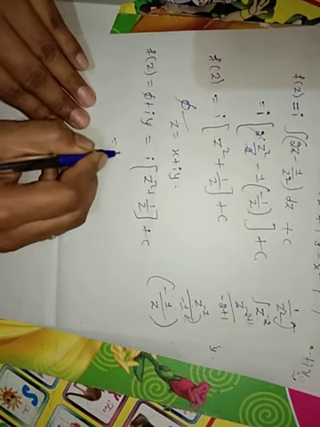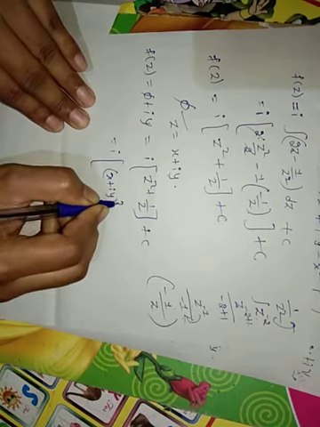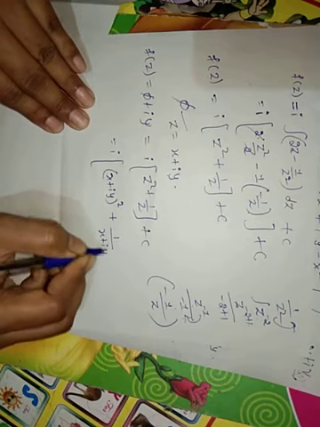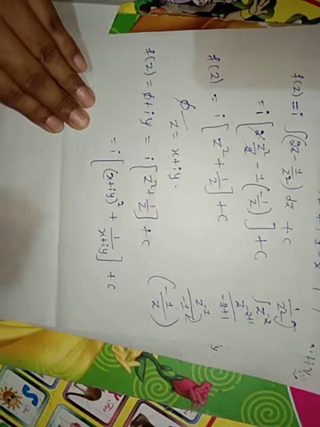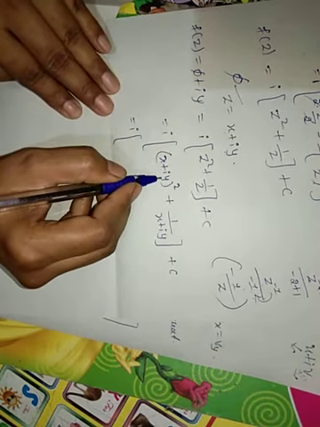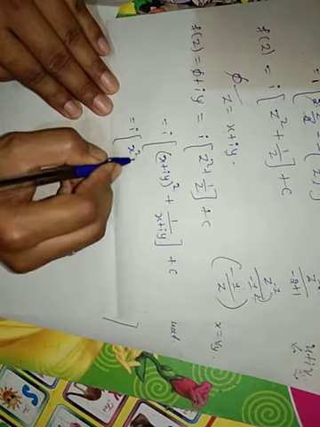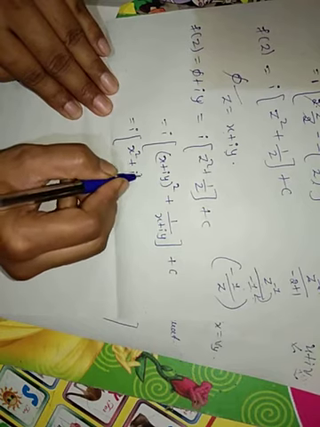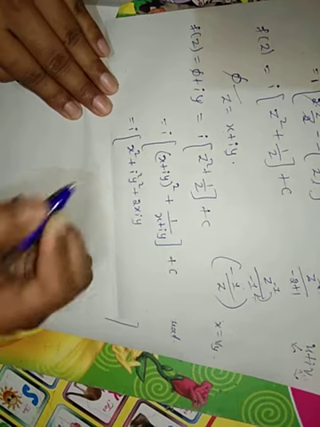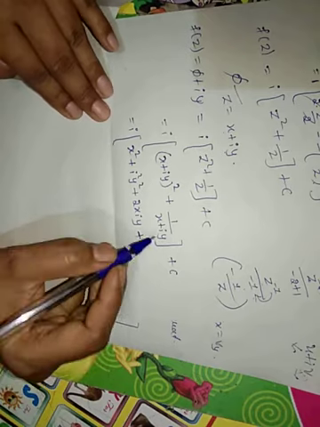So now put z equal to x plus iy. That is i into (x plus iy) whole square plus 1 divided by x plus iy plus c. That is equal to i into (x plus iy) whole square, (a plus b) whole square, that is a square plus b square plus 2ab, plus 1 divided by x plus iy.